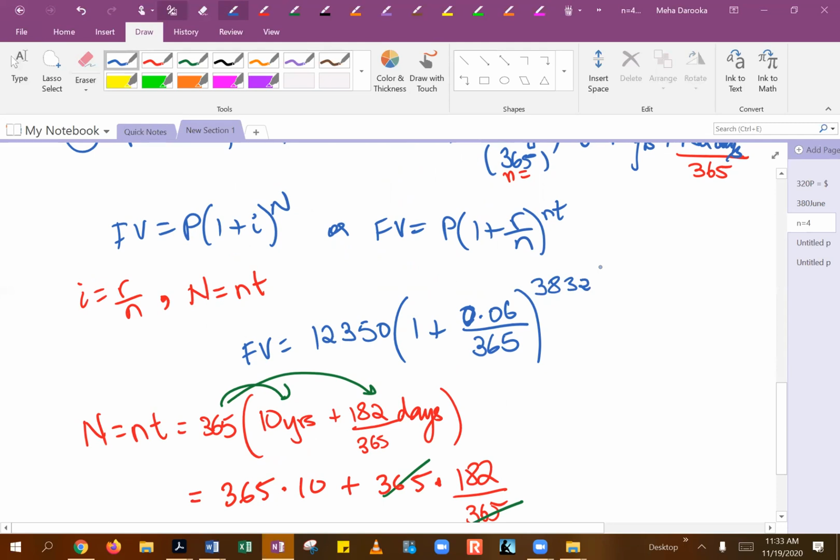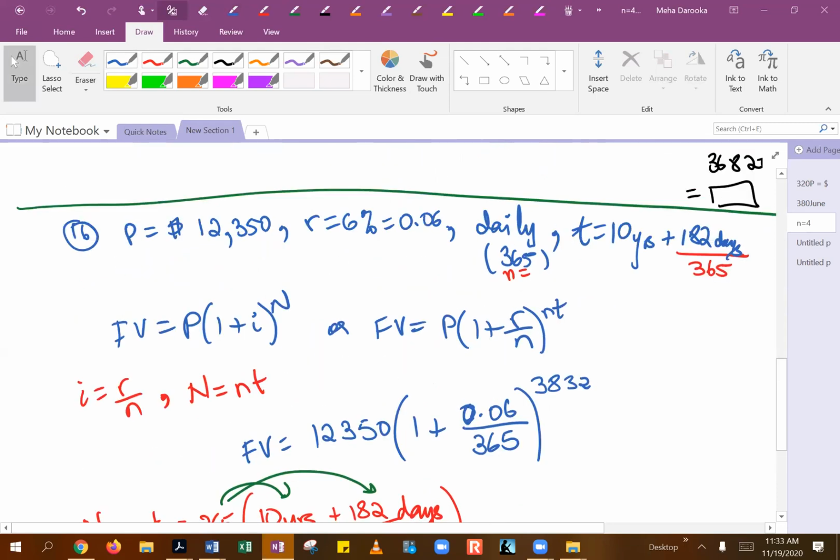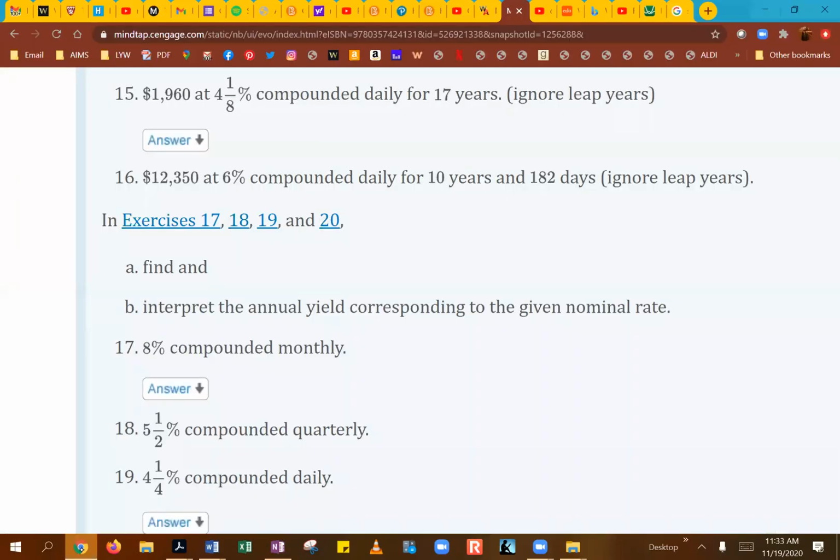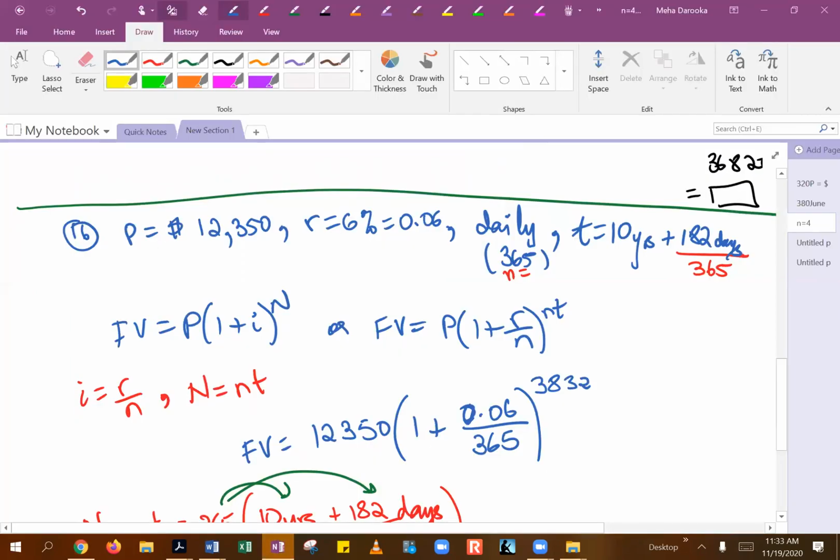So just as a quick recap with this, they're telling us daily is the compounding period. And again, you can see that here under number 16, they're telling us it's 6% compounded daily. So that's 365 days in a year. They're telling us the time period for this investment is 10 years and 182 days.